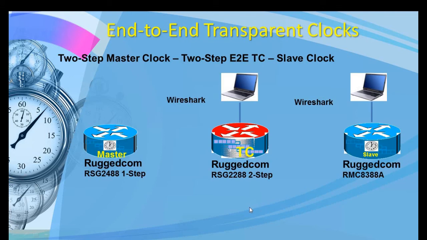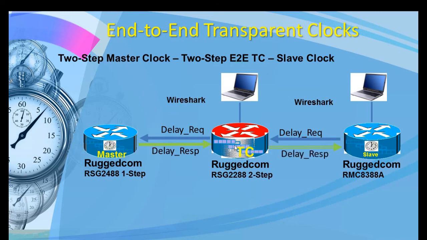So the next one, we are going to check the delay request message for the two-step end-to-end transparent clock. The delay request message is sent out from the slave side, forwarded by the transparent clock. After the master receives the delay request message, it sends out a delay response message, which is forwarded and modified by the transparent clock.